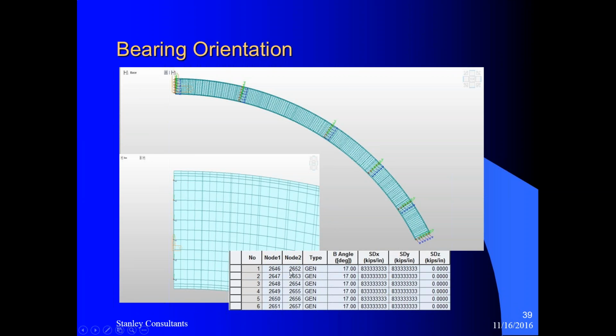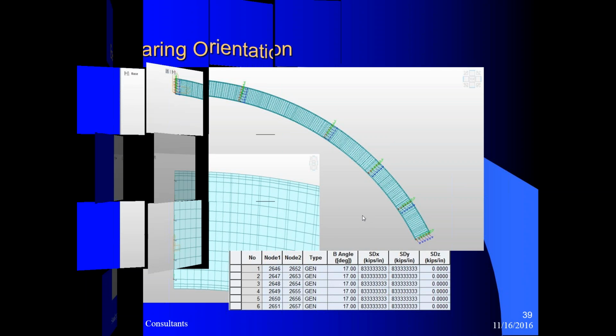To orient these bearings, you go into the elastic link menu, and you can change the beta angle here to whatever direction you would like to apply. And then these are the stiffnesses of the bearings you can input for an accurate representation of the bearings.